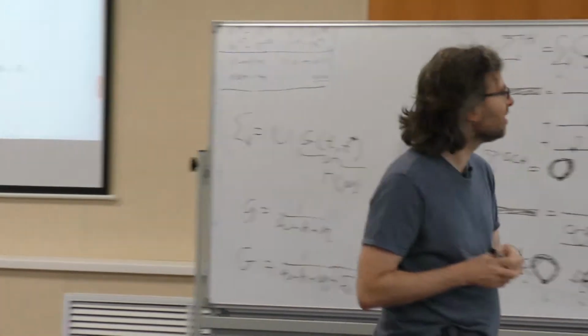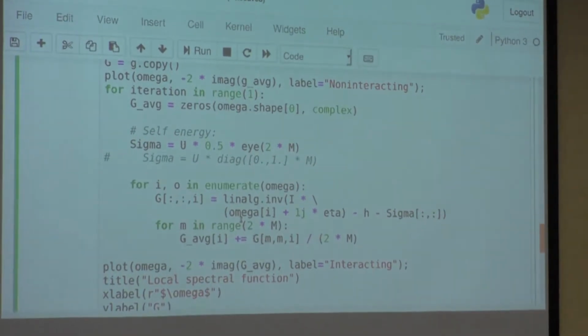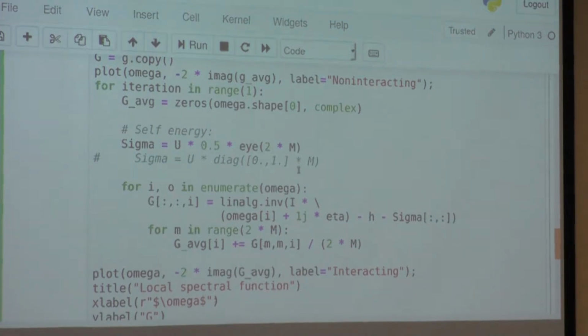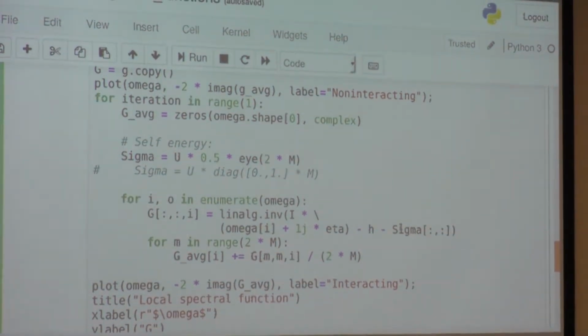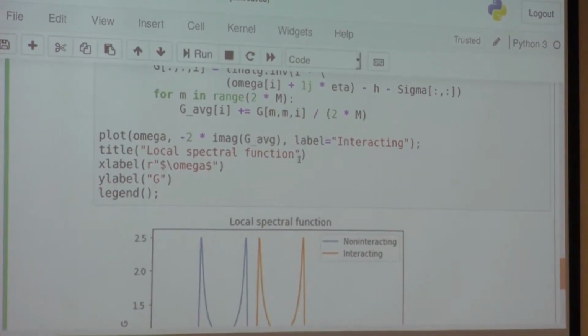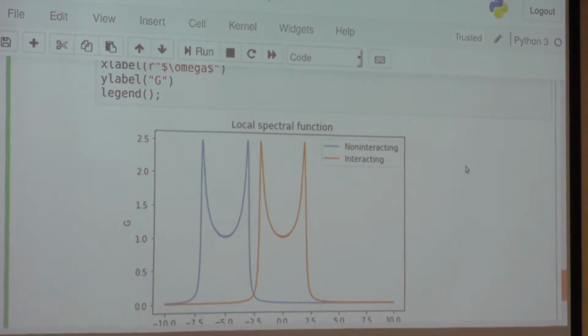Sigma in general can be a matrix, can be frequency dependent. In our case, it's frequency independent, and it's a diagonal matrix. So I just use that, stick that in here, then calculate my spectral function using that. And here's what I get.